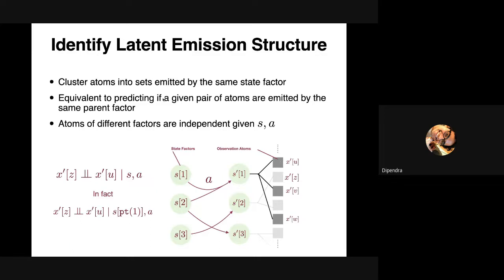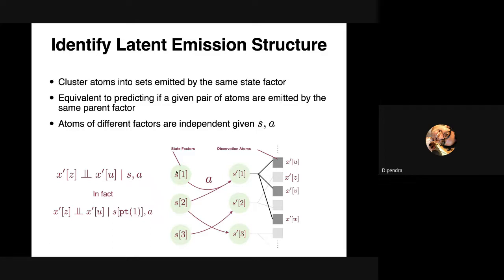So the whole graph prediction problem can be reduced to a sequence of binary classification problems. To do this, we need to exploit certain properties of these atoms, and crucially, we will look at the independence assumption in this graphical model. One thing we can observe straightforwardly is that if atoms are from different factors, then they are independent of each other given the parent state and action.